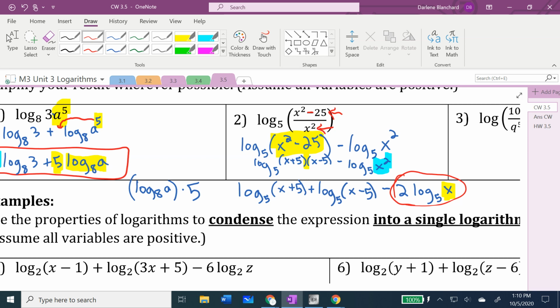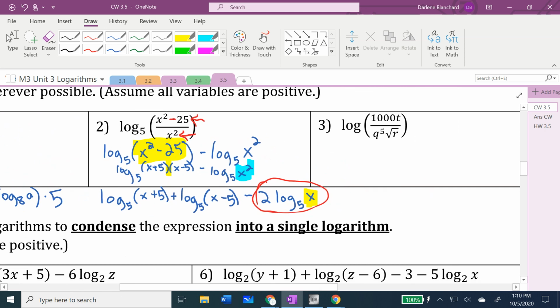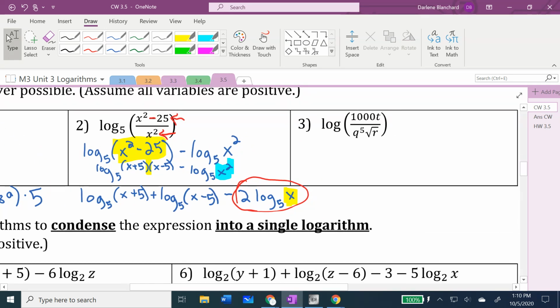The only thing you can do, if it's possible, is factor it and take individual factors and separate that with addition in a logarithm. Okay. Then for this third one with expanding, there's no base written, so we understand it to be what base?